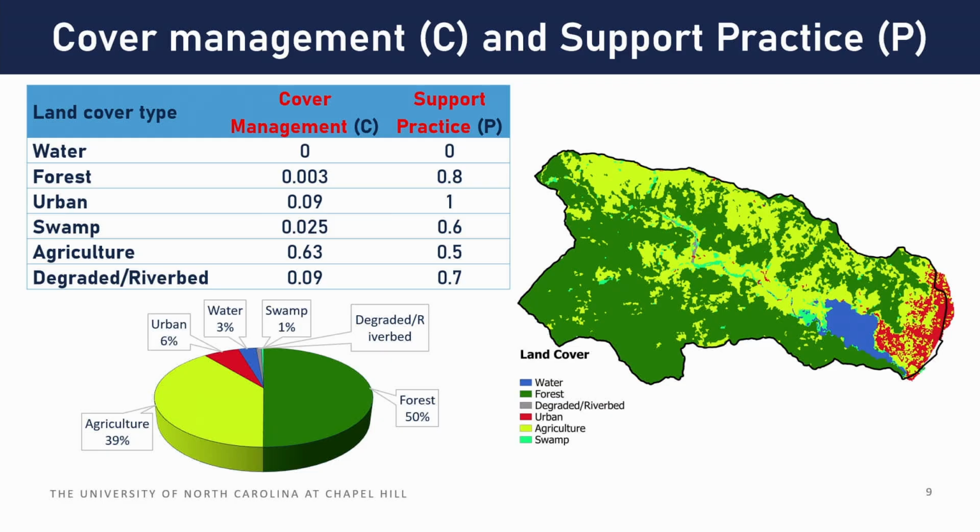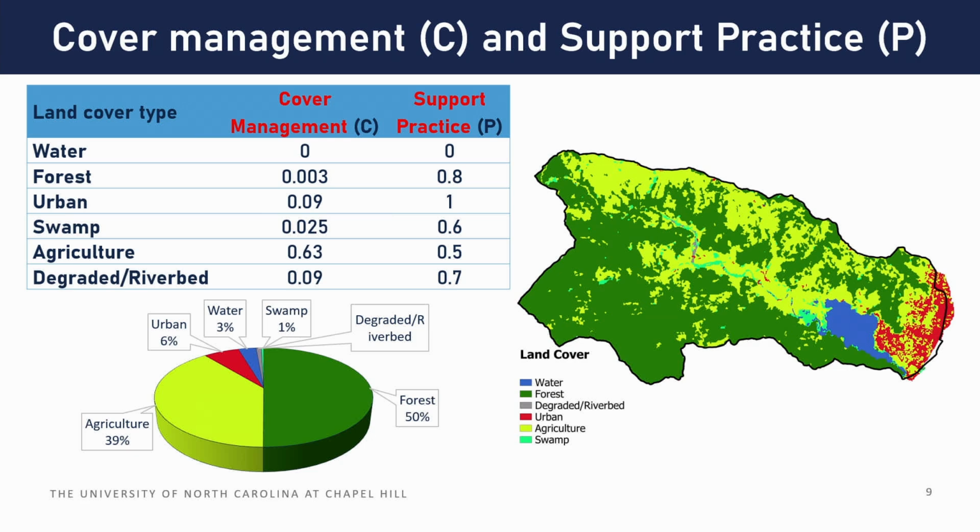The cover management factor is defined as the ratio of soil erosion from a field that has a particular cover and management to the field that is completely tilled and fallow.